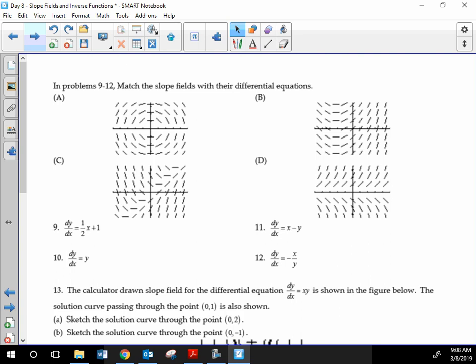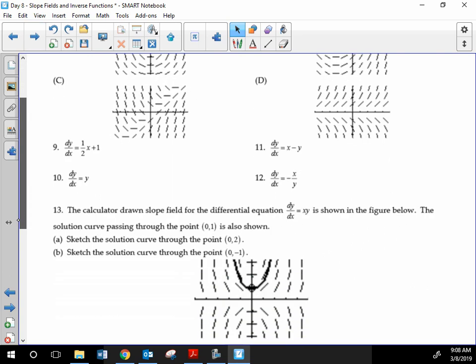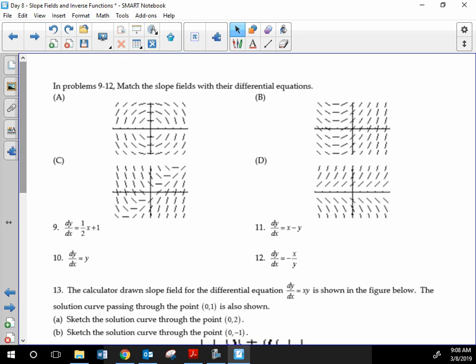Once you complete your matching, you're going to do number 13 and 14, where you're simply doing the particular solution. They've already drawn the slope field for you. Here's some particular solution.